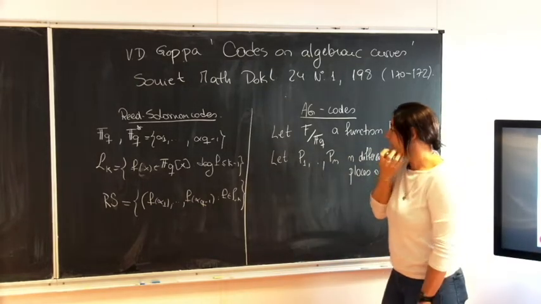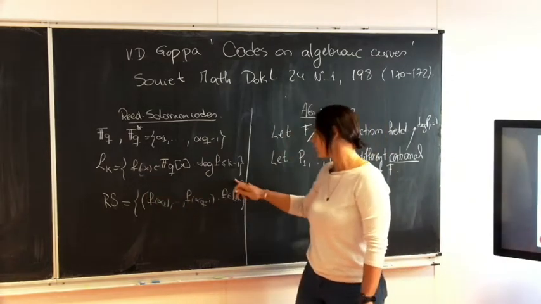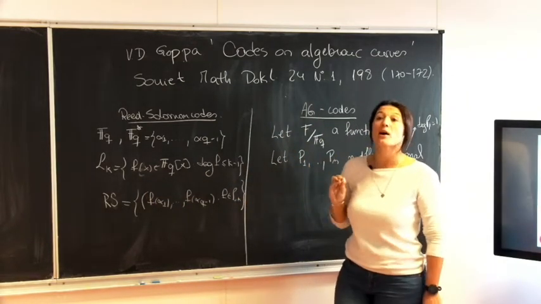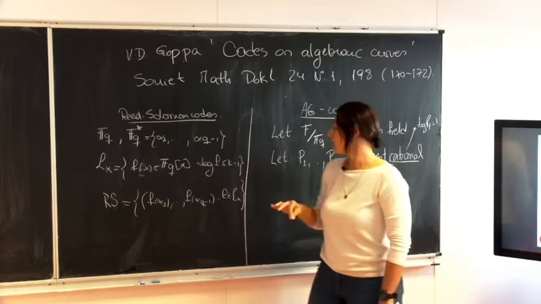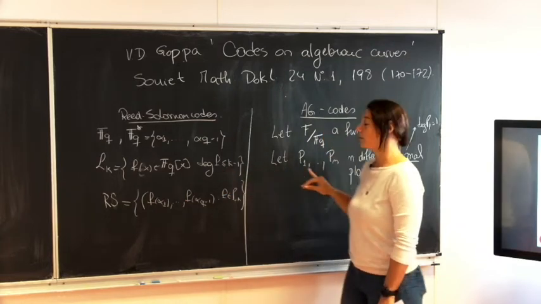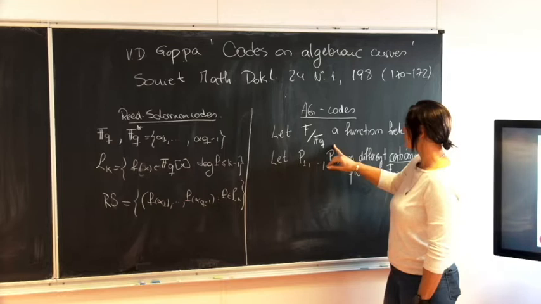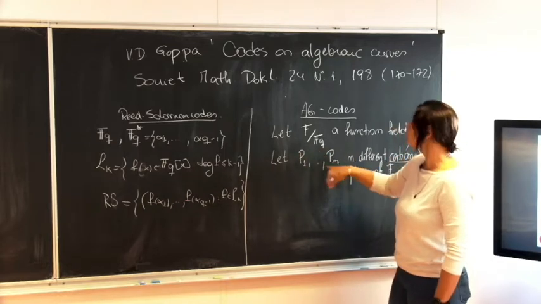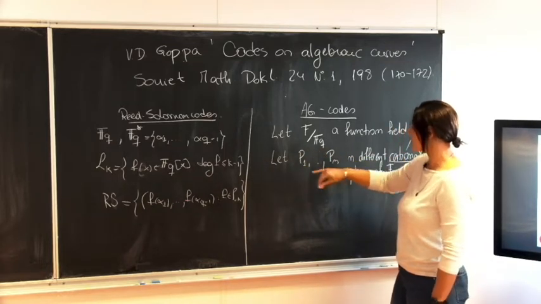And to get a space from which we are going to pick our functions to evaluate, we need another divisor whose support doesn't contain any of these places.